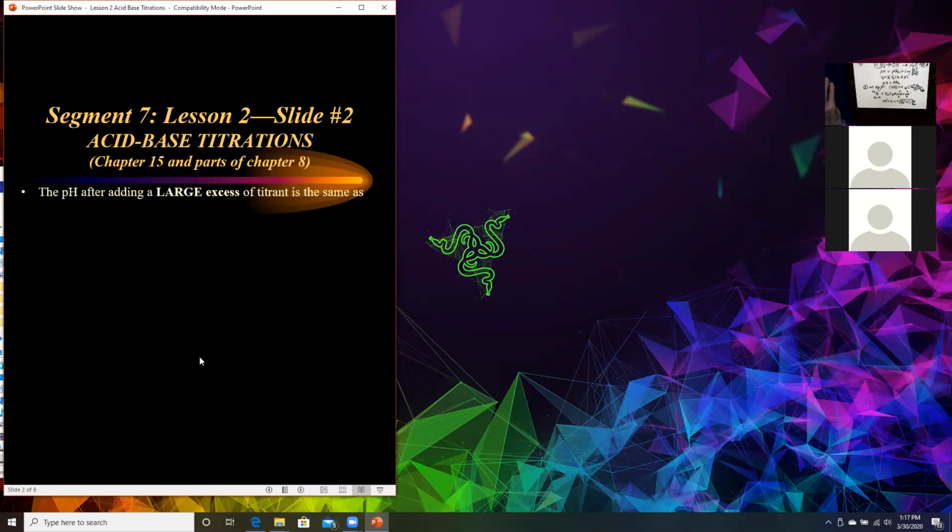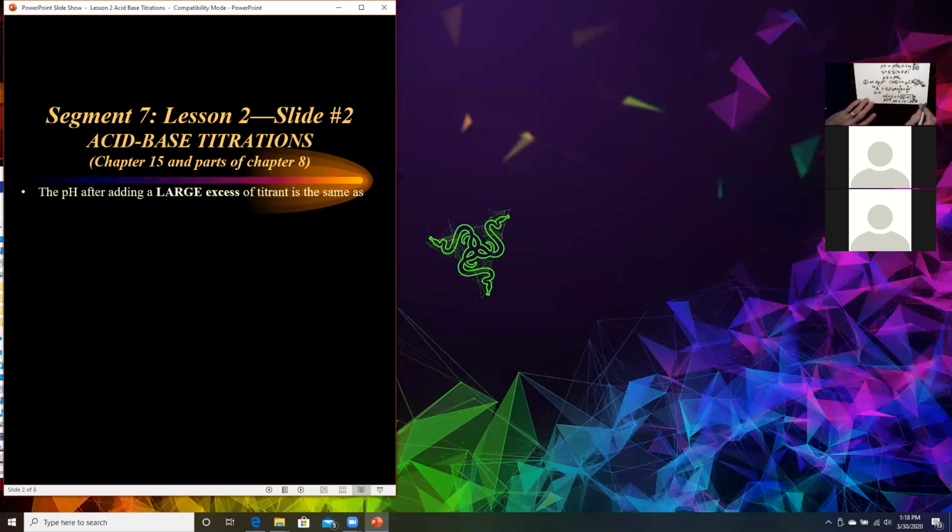So now, if we did this problem, remember what you're going to get here is you're going to get pOH, because the X in this is the OH minus. And when you get that answer, you'd have to then take the pH to be equal to 14 minus the pOH.